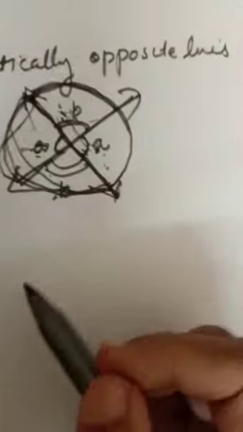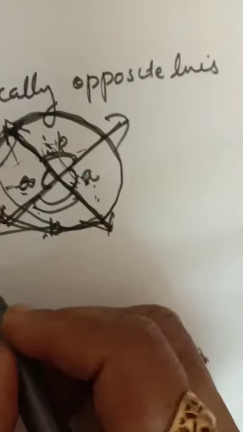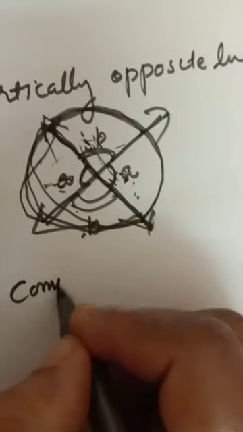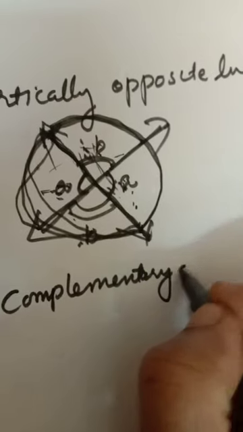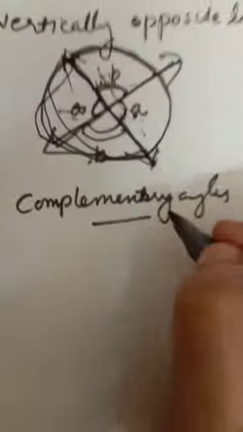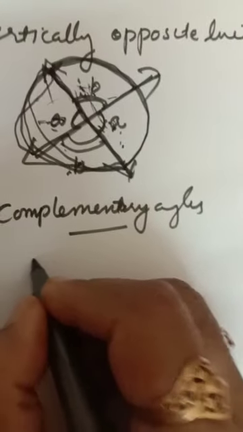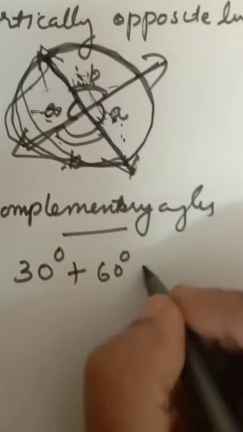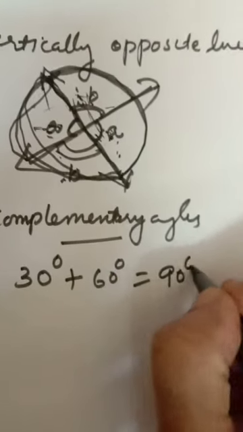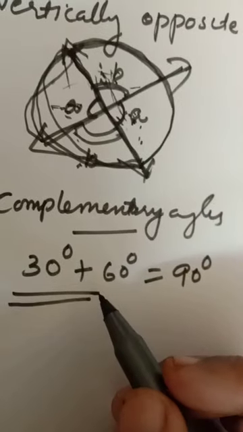Now, complementary angles. Complementary angles means when two angles you add, if the sum you are getting 90 degree, then we can say these two angles are complementary angles.